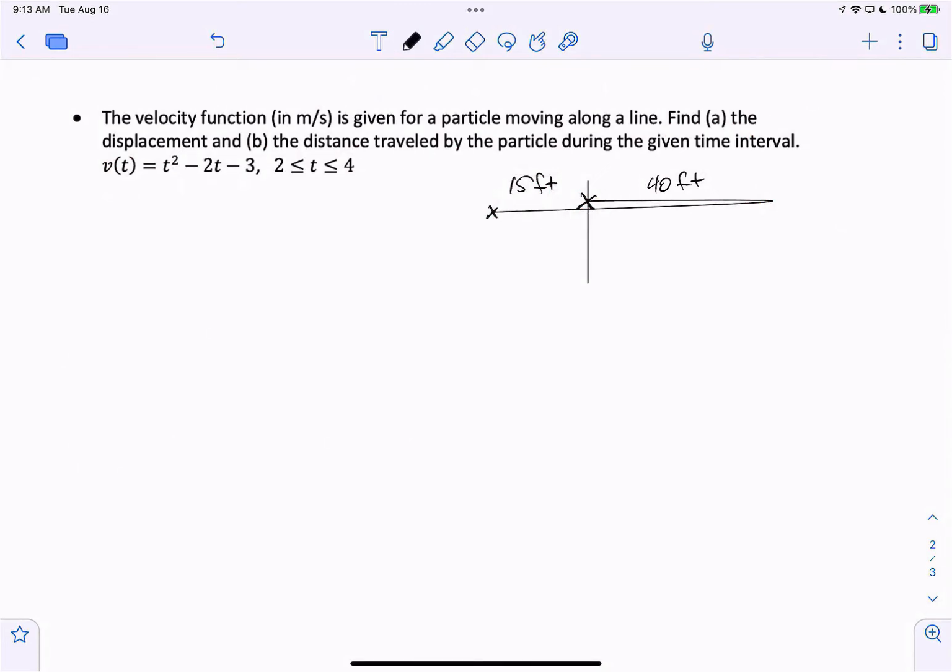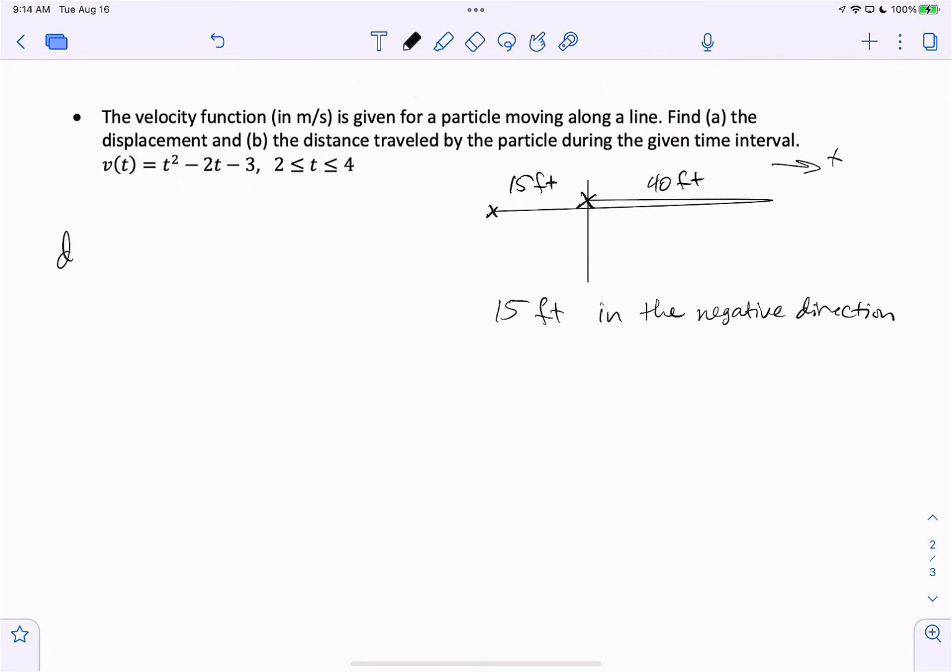So displacement only takes into account starting point and ending point and their relative positions to each other. Let's suppose that we call right positive. Then we would say that this person's displacement is 15 feet in the negative direction. This is related to the net change theorem because displacement is the integral from a to b of v of t dt. Now remember, v is s prime of t, and so it's a rate, right?